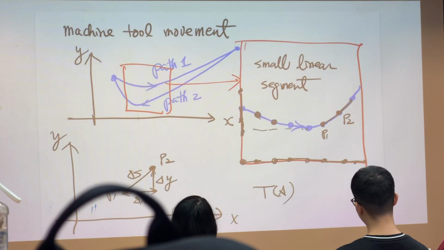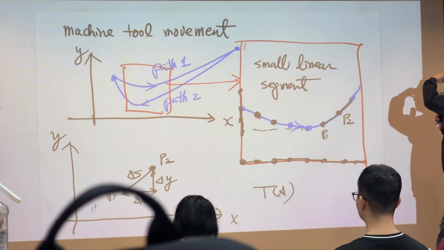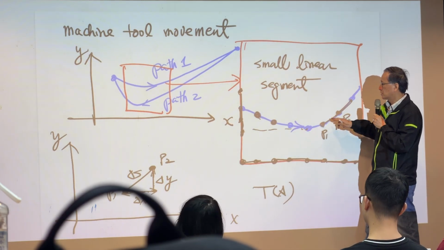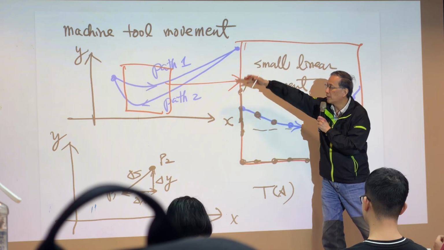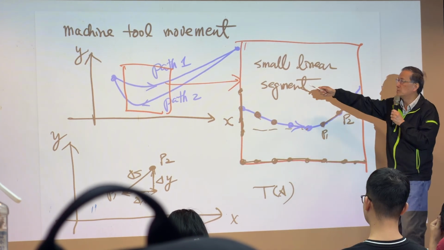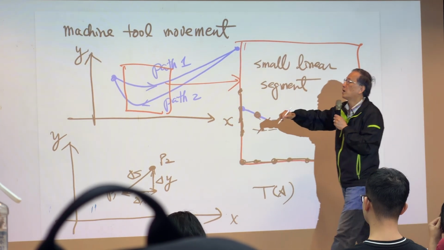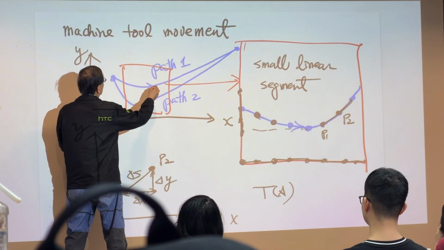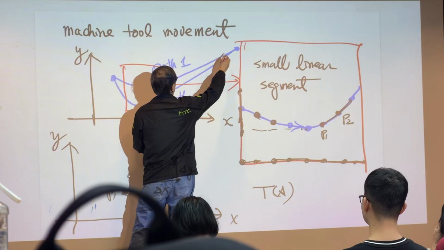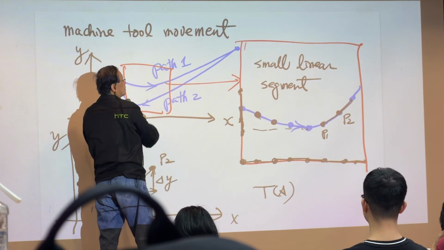When you draw X, you draw Y, and you put them together in 2D XY, you will actually move from here to here, from here to here, going up like this, and going back.